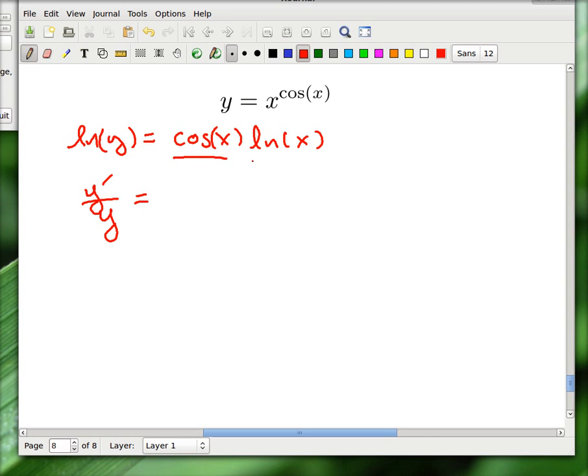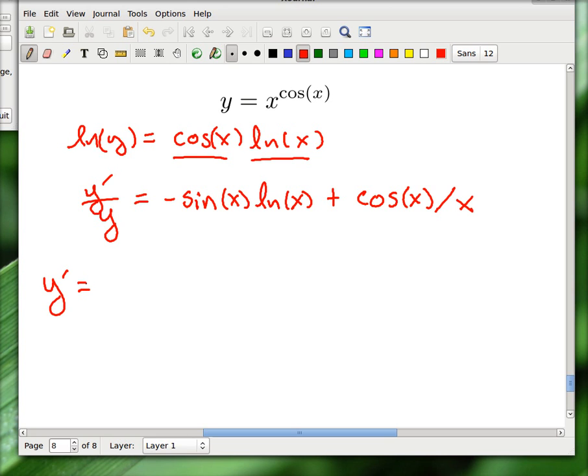Okay, so f and g. So here we go. So f prime is minus sine x, and we leave g alone. Now we say plus cosine x, and when we take the derivative of g here, we get 1 over x, so I'll just do that. Okay, so almost done. Now I just need to clear by y.